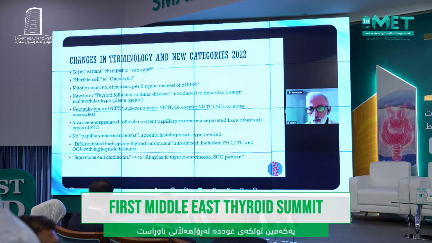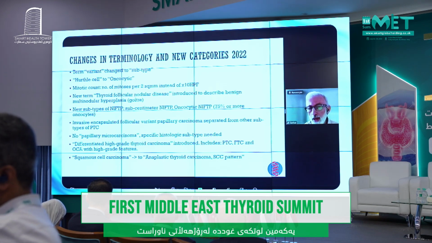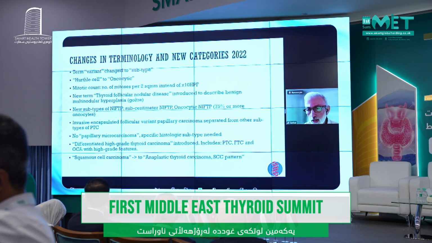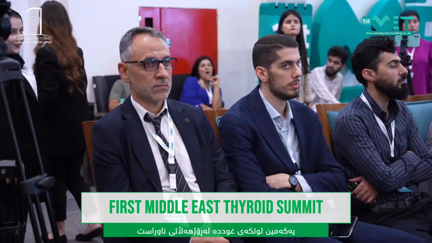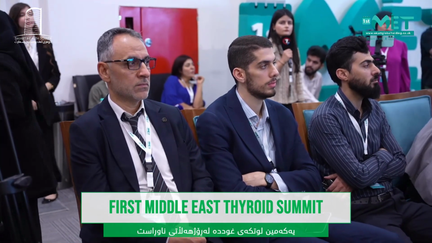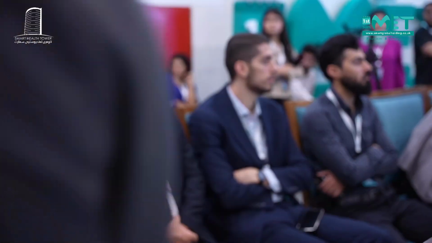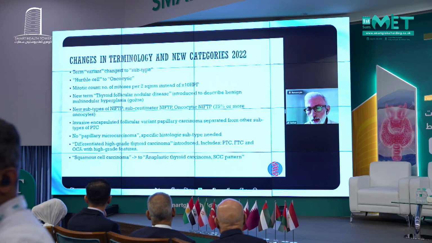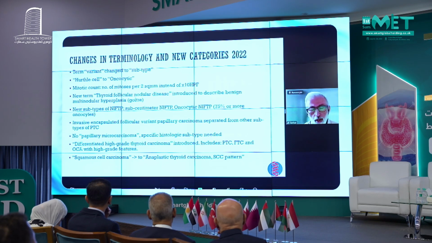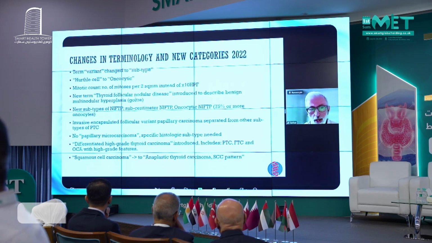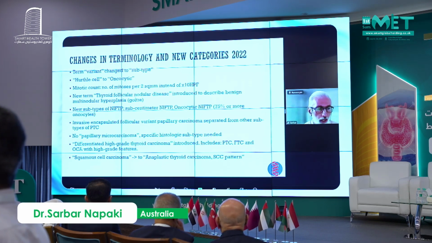Sub-centimeter NIFTPs, oncocytic NIFTPs, and for the oncocytic variant, we need at least 75% of the cells to show oncocytic features. Invasive encapsulated follicular variant papillary carcinoma is now separated from other types of PTC because this lesion actually shows RAS-type mutation.